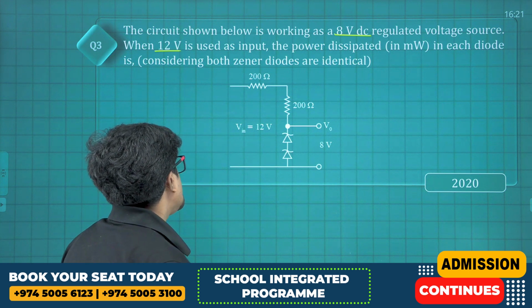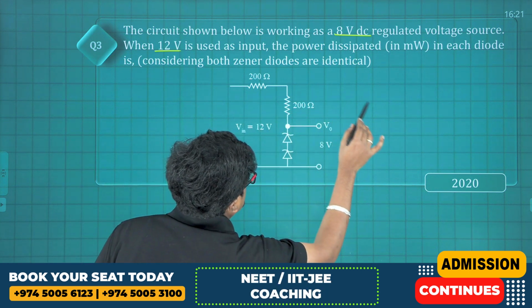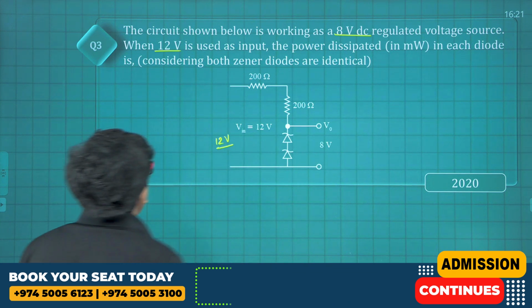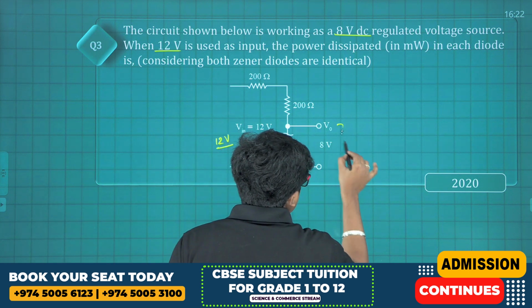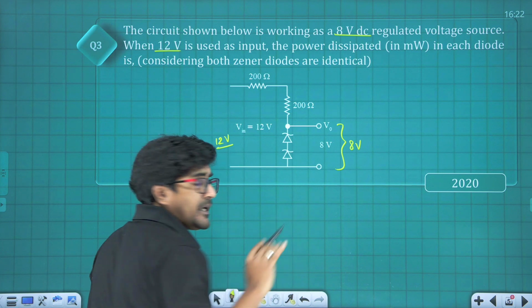So the question says, I am having an input voltage of 12 volt here, and the potential difference across this is maintained as 8 volt all the time.